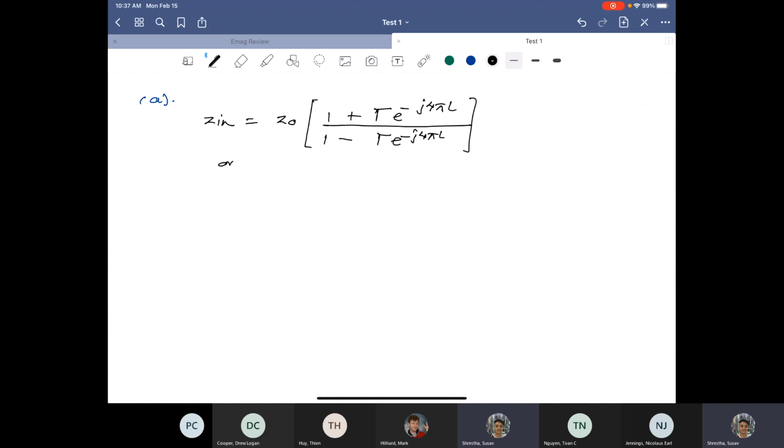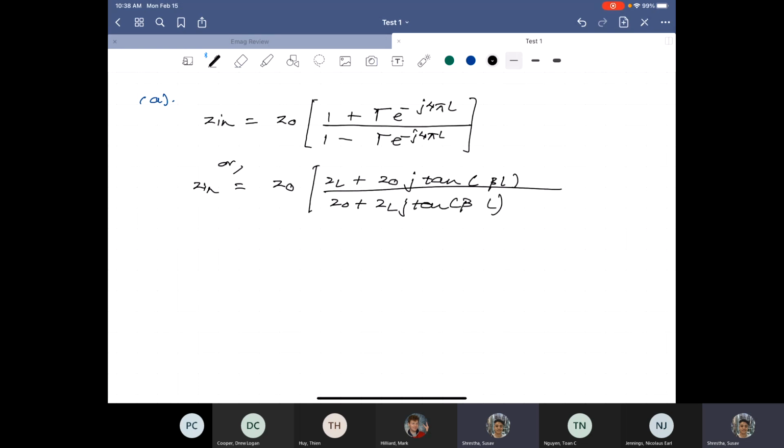You can use this, or you could possibly use the other one, which is basically this, right? 2 pi, this is actually beta L, tan beta L. So you guys can use either one of these formulas. They both will work.